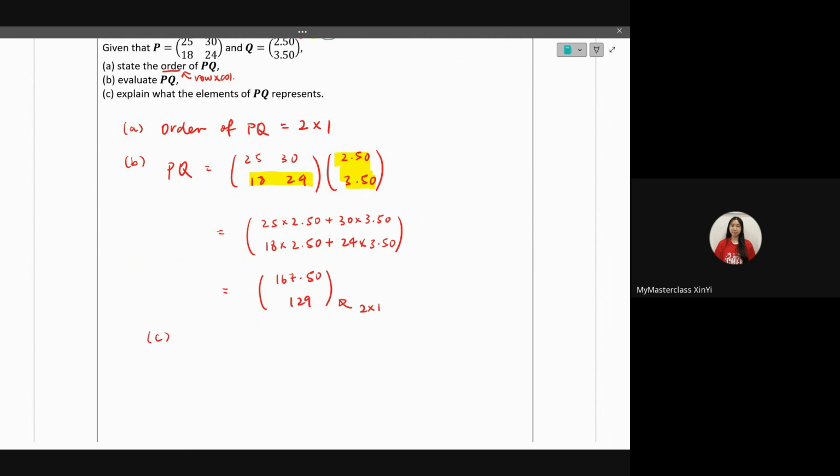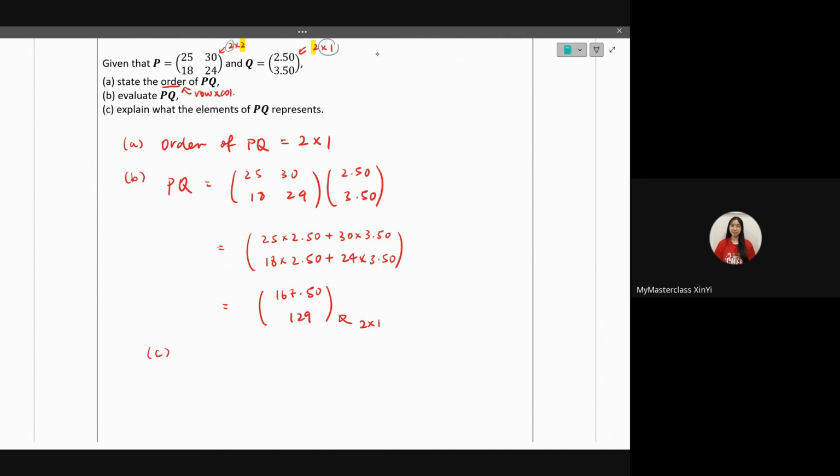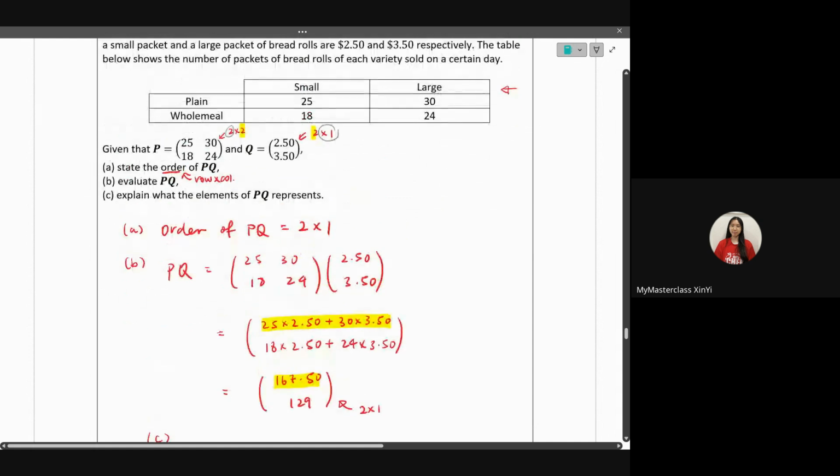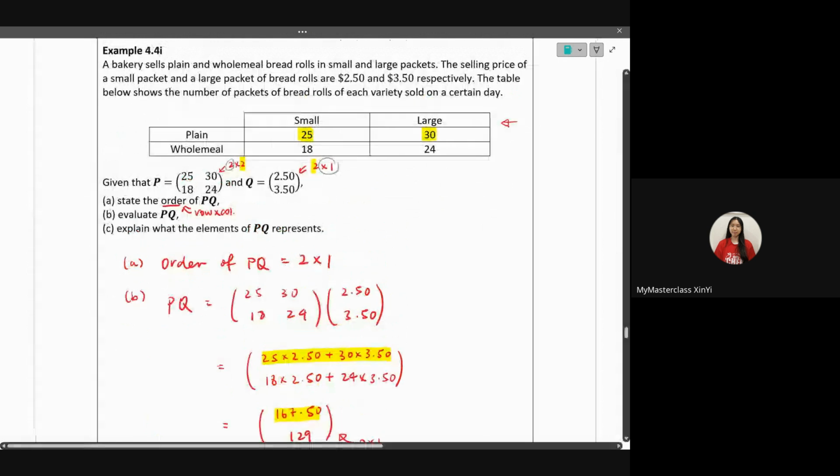Then you have to take a look at what you have actually done during the matrix multiplication. What do you realize for the first entry over here? This 167.50 came from 25 times 2.50 plus 30 times 3.50. Here 25 is the number of small plain bread, and 30 is the number of large plain bread. Then 2.50 is the cost of a small bread and 3.50 is the cost of a large bread.